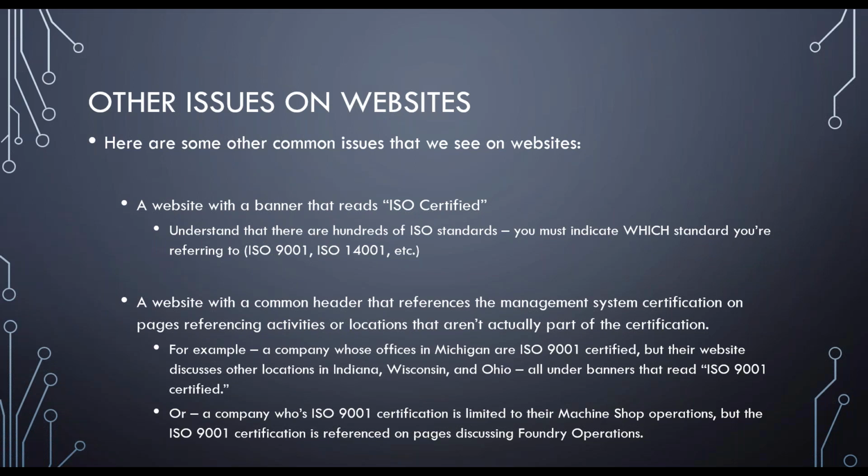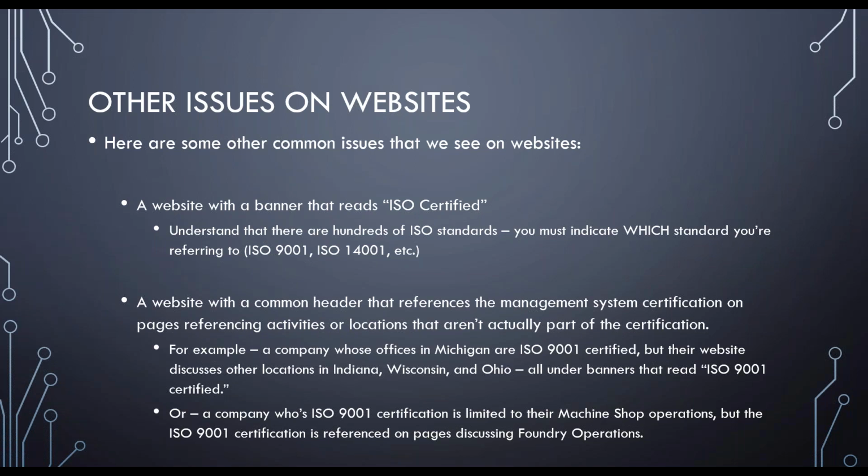Are you ISO 9001 certified, ISO 27001 certified? Is it both, etc.? Also, we sometimes see websites where there's a common header that references the certification, and it shows up on pages that are referencing activities or locations that aren't actually part of the certification.